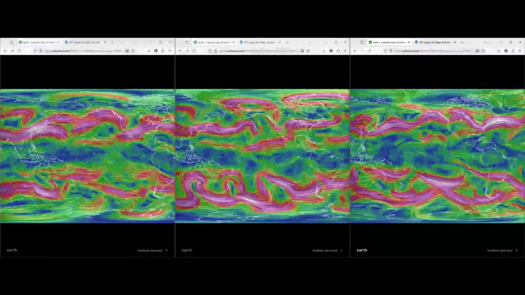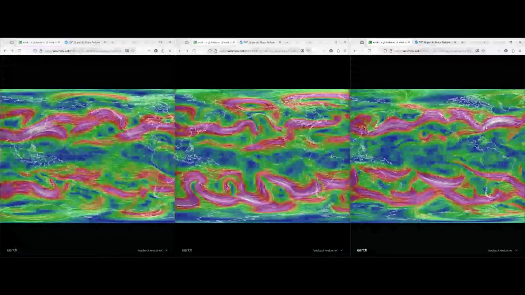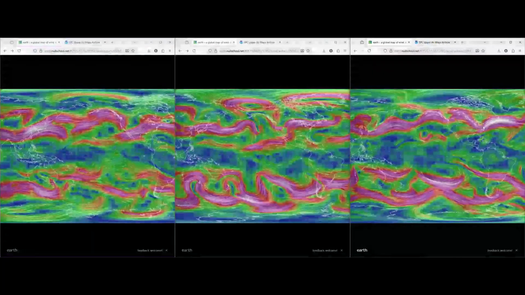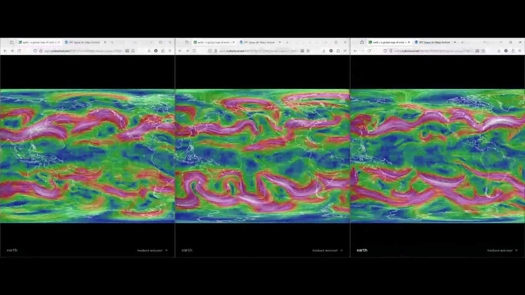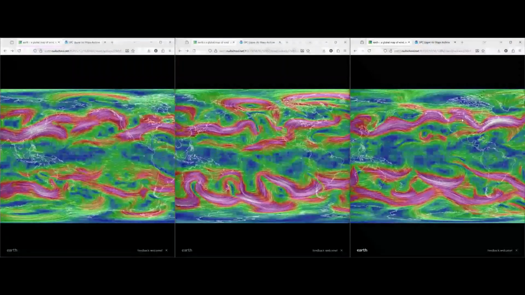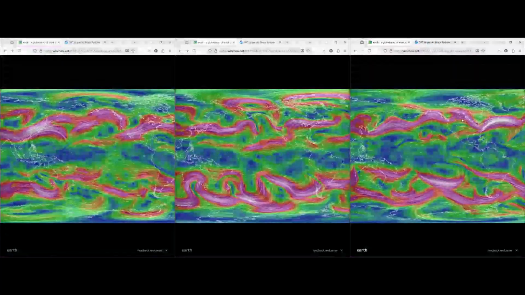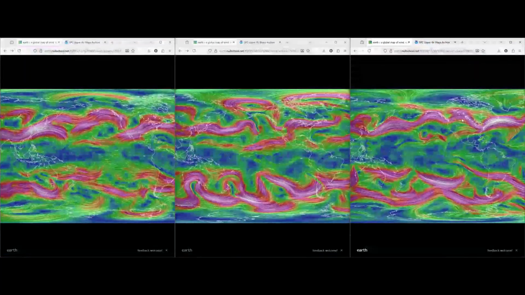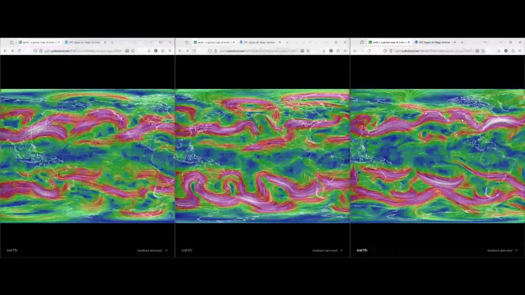We have more of a northern shift, and what that means is we're going to get wetter conditions in the northern part of the United States. Once again, we think of the jet stream as steering below it the mid-latitude cyclonic systems, the low-pressure areas. Those areas bring with them precipitation and cloud cover.